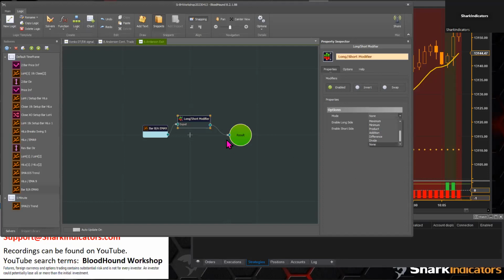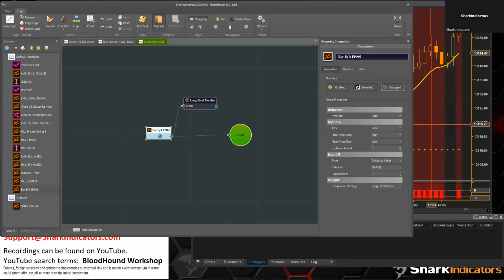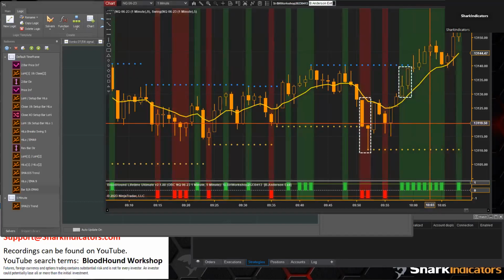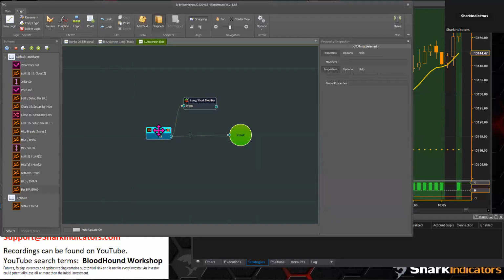Oh, yeah. Actually, I think now we can do this without a function node. Yeah, there we go. That's right. So with BloodHound version 1, we used to have to use 2 function nodes. Right?